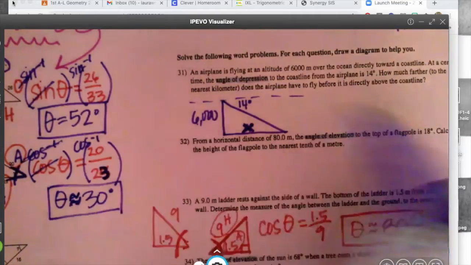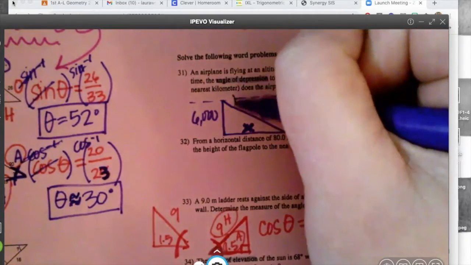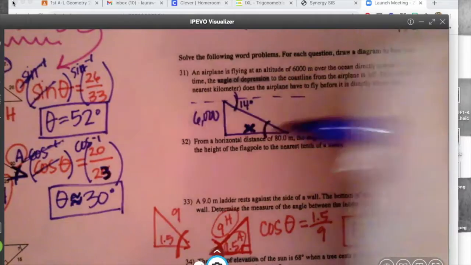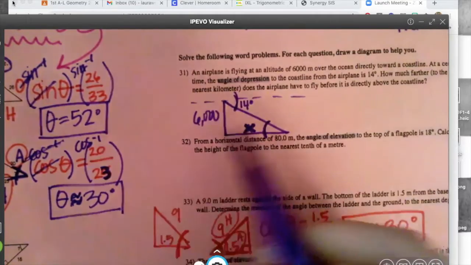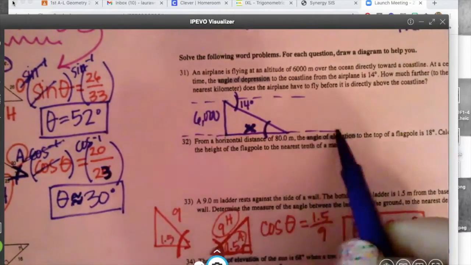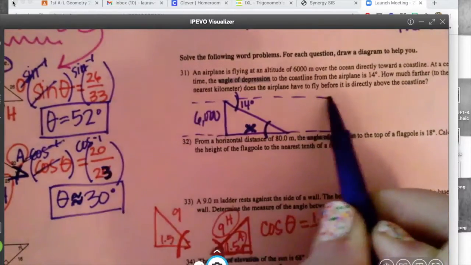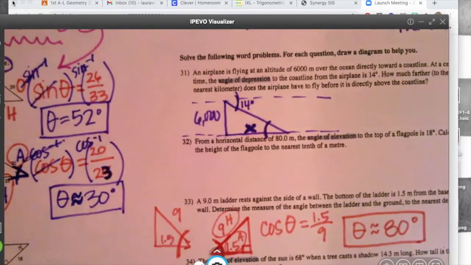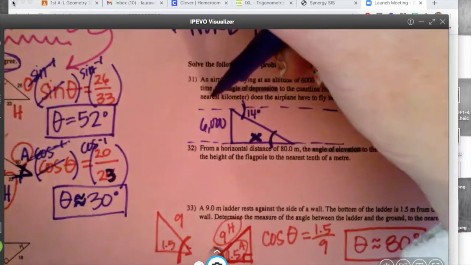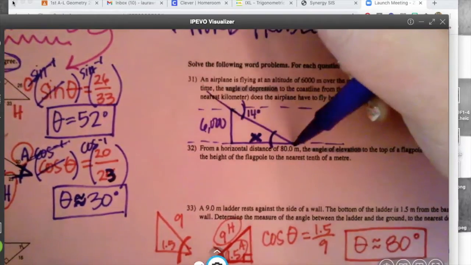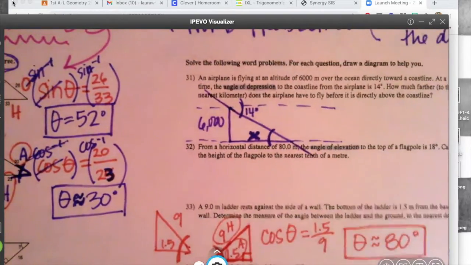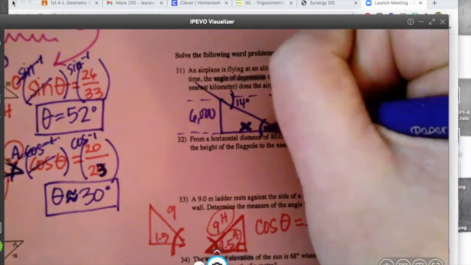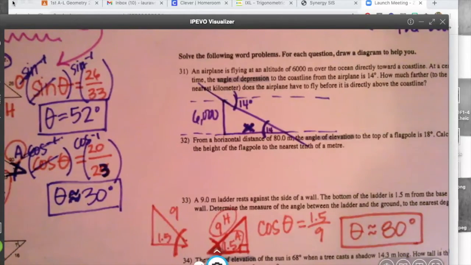What I think I would do is realize that this angle and this angle are alternate interior, right? Because your ground is down here. Your plane is flying horizontally. That's parallel with the ground. And then these lines, they could continue. This is like a transversal, right? So I'm going to put 14 down here, and that makes a lot of sense.